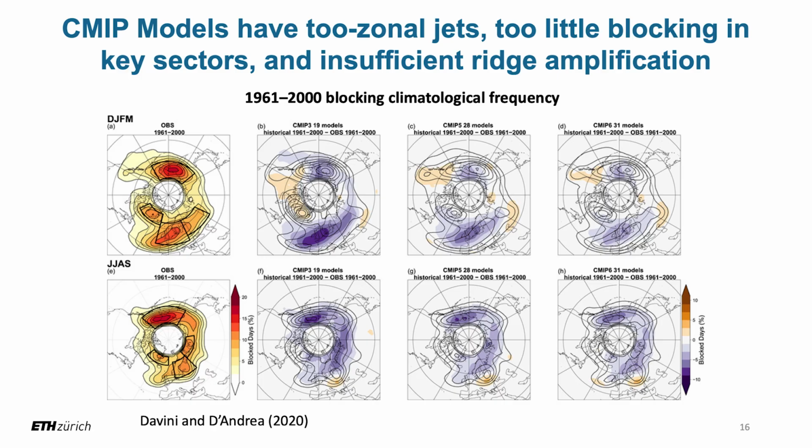You can see from CMIP3 to CMIP6, we have quite consistent biases in underestimating the frequency of blocking. Blocking means that weather patterns don't move eastward anymore in mid-latitudes. We see this quite consistently: the blocking frequency is too low, and the meandering of the jet stream is not well simulated.